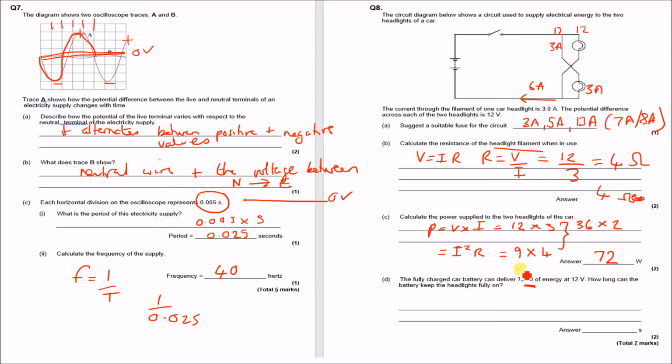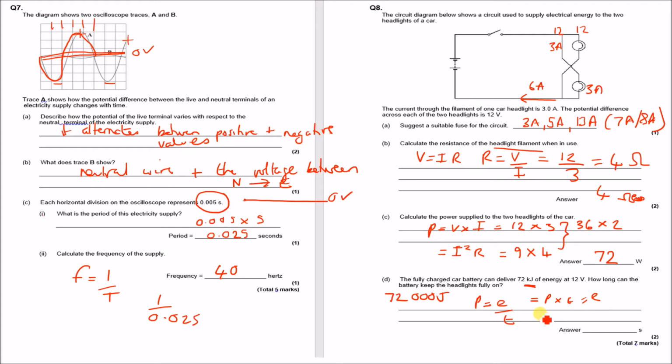Right, the fully charged car battery can deliver 72 kilojoules. Remember, this is in kilojoules, so we need to convert it. So we're going to do that and say that's 72,000 joules of energy at 12 volts. Now we know that the power is equal to energy divided by time. So if we're trying to work out the energy, then that must be power times time is equal to the energy.